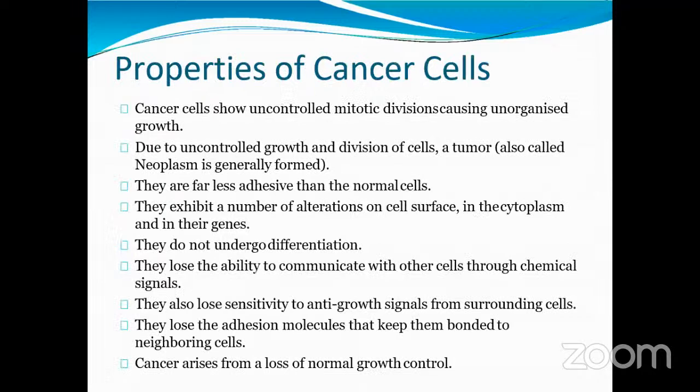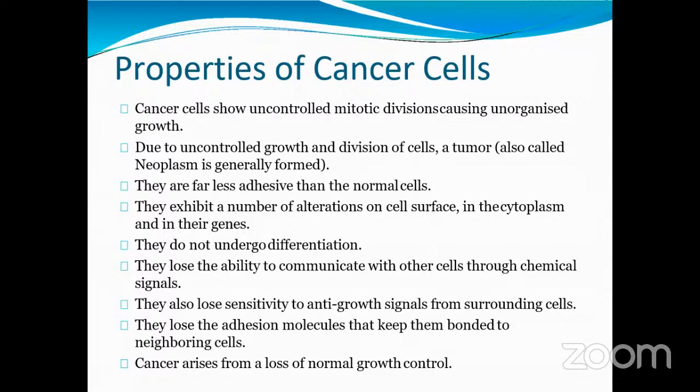So what are the properties of cancer cells? First, there are uncontrolled mitotic divisions causing unorganized growth. The normal growth is very organized, so we have a specific shape, size and structure. But in cancer cells, it is uncontrolled and unorganized.